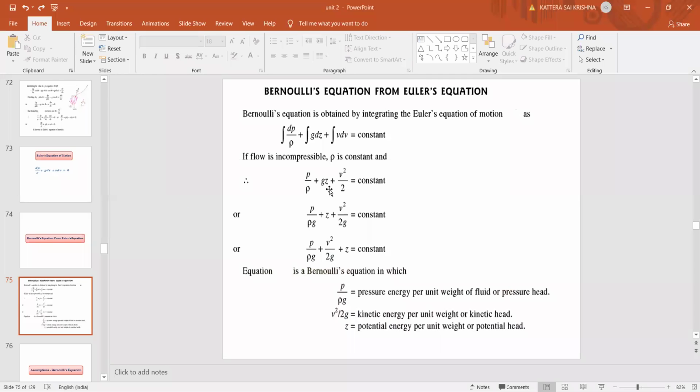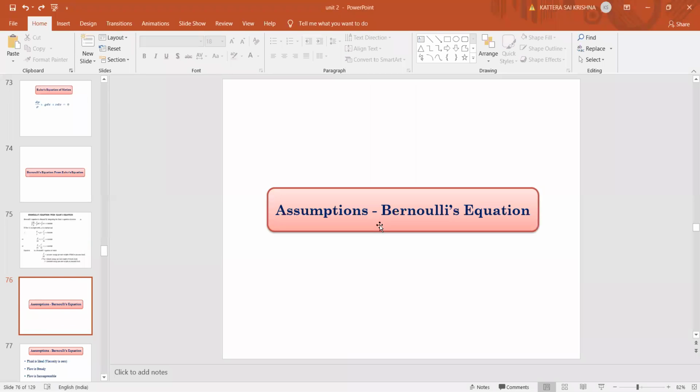Yes, we completed this copying. Next we have the assumptions of Bernoulli's equations. What were the assumptions we considered while taking these Bernoulli's equations? In the derivation, we took that the fluid is ideal, nothing but there is no viscosity.